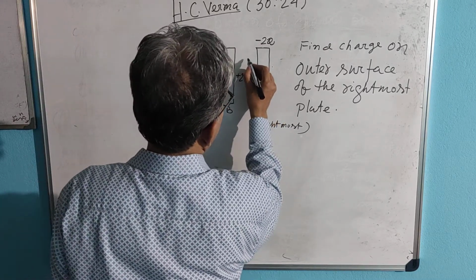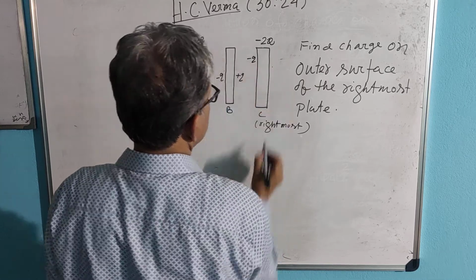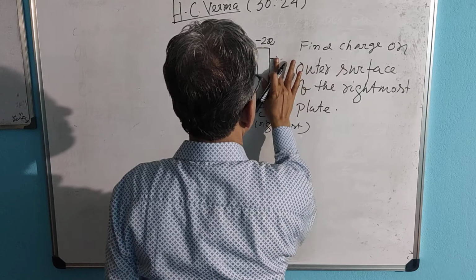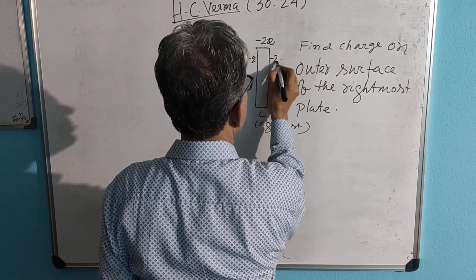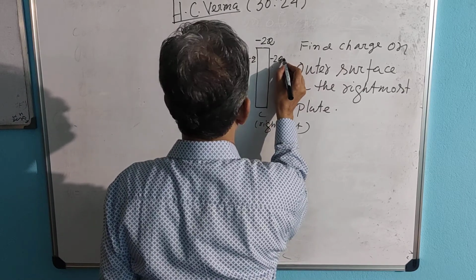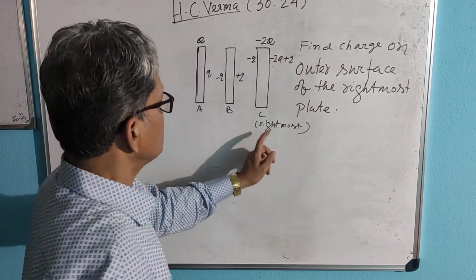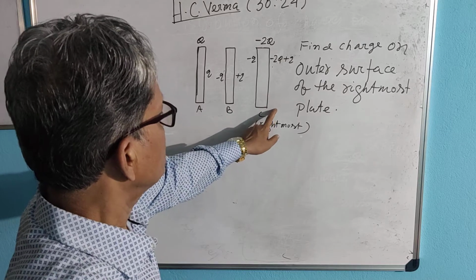Again apply the principle. Here it will be minus Q, and total charge is conserved, then it will be minus 2Q plus Q. This is the charge on the outer surface of the rightmost plate.